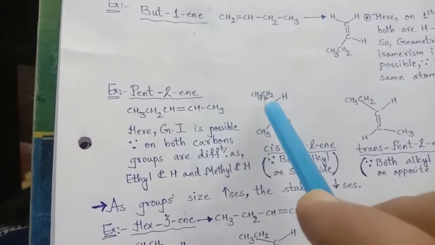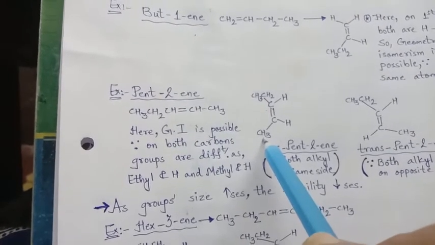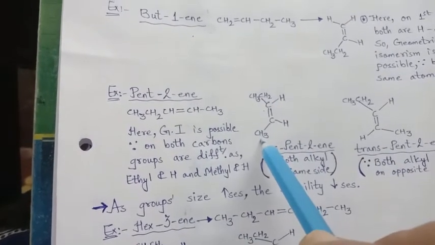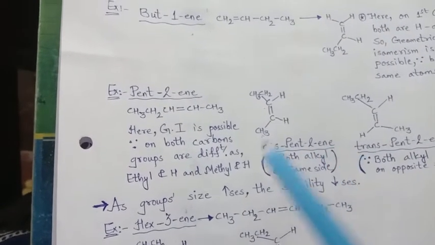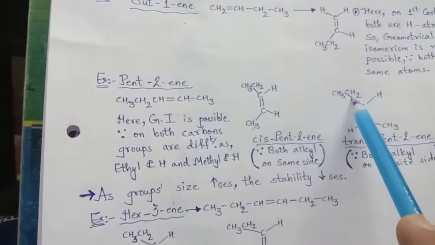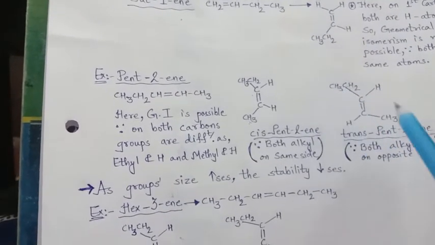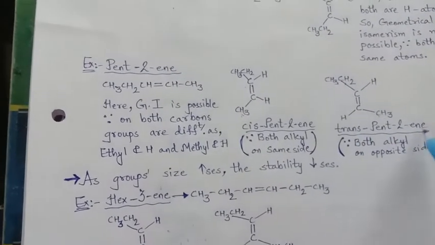And as both are from the same family of alkyl, that means they are considered as the same group member. And so this is cis pent-2-ene. Right? And here it is CH3CH2 and this alkyl is opposite to this alkyl. So it is trans pent-2-ene.